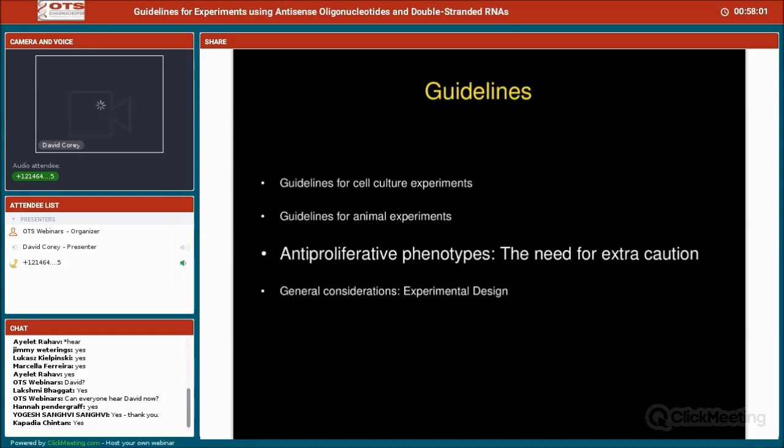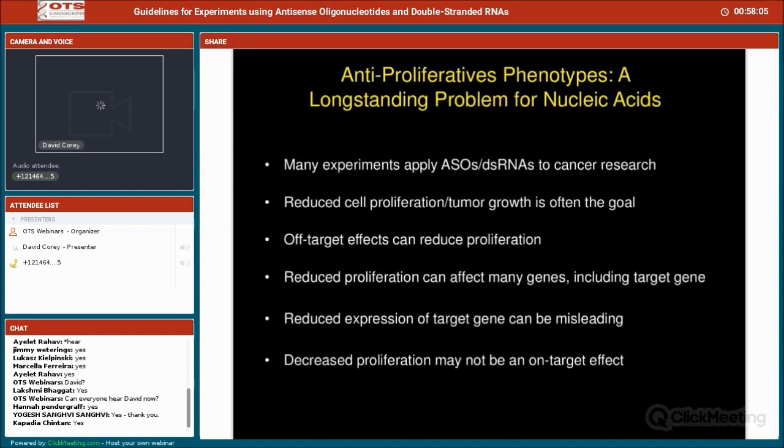Okay, related to targeting cancer, antiproliferative phenotypes. This is a long-standing problem back to the early 1990s for nucleic acids. Because cancer is such a big area of research, many experimenters have applied antisense oligonucleotides and double-stranded RNAs to cancer research.